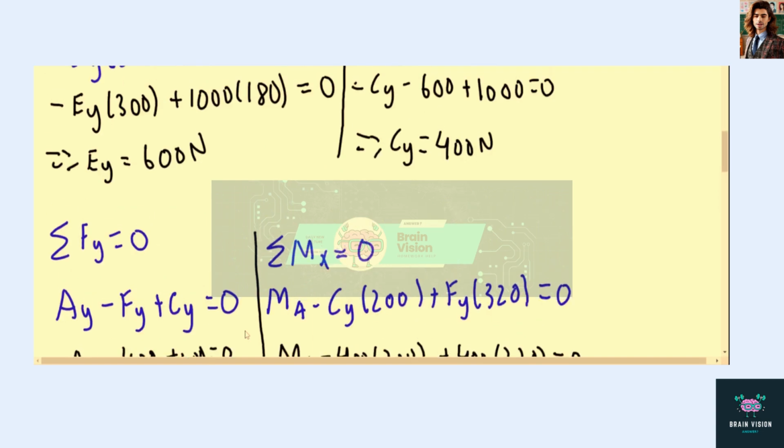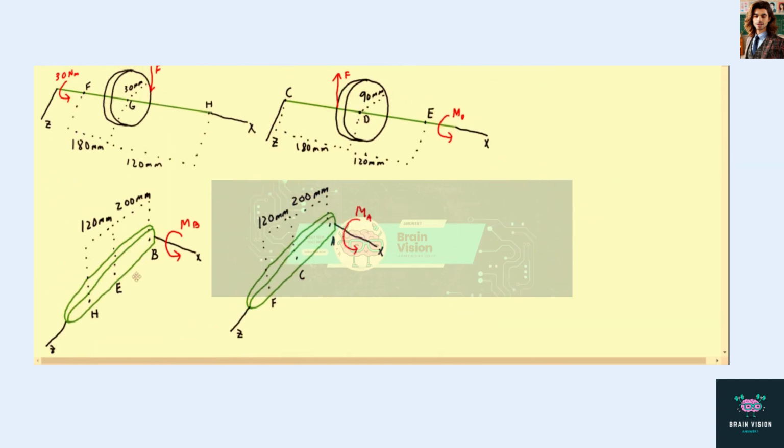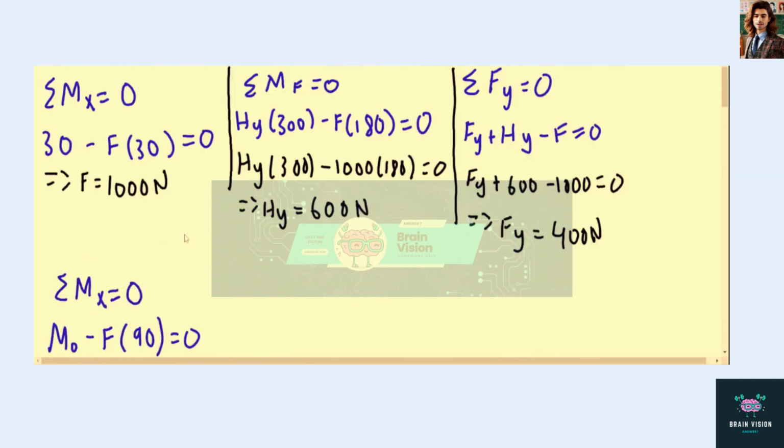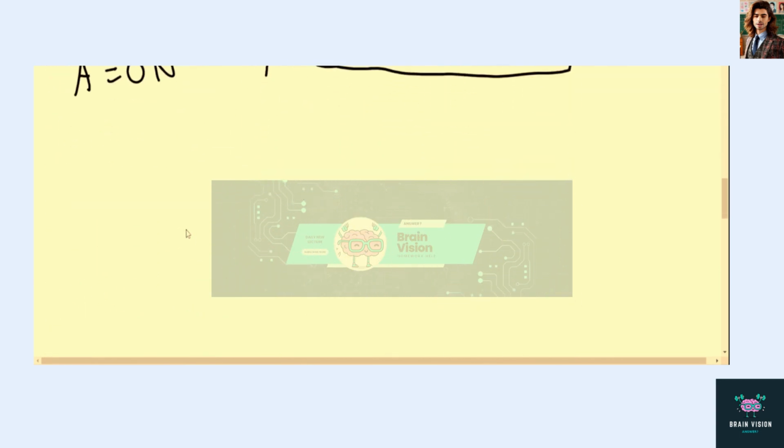So now look at the last free body diagram, BEH, and solve for the reaction at the point B. So I'll write that the sum of forces in the y direction is equal to 0, which we can write as v of y minus h of y plus e of y is equal to 0.